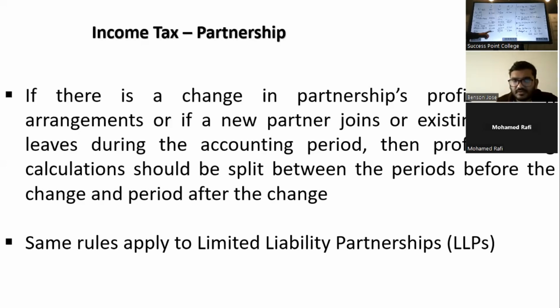How will the opening year rule be applied? This partner has joined from July 19, and only these 3 months profits are there. So we will take these 3 months profits. His first tax year is 1920, but we will be taking not only these but also profits from the next year, because we have to go up to March 20, July 19 to March 20.